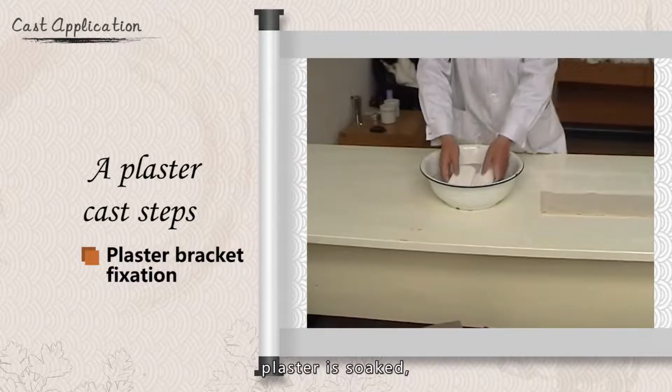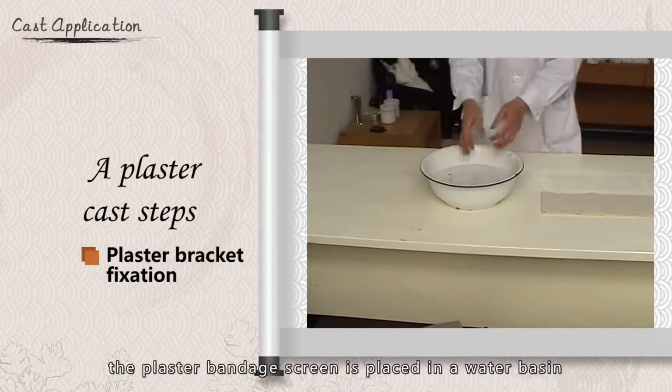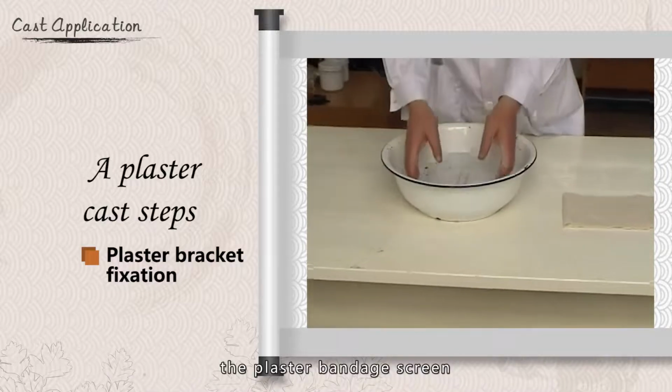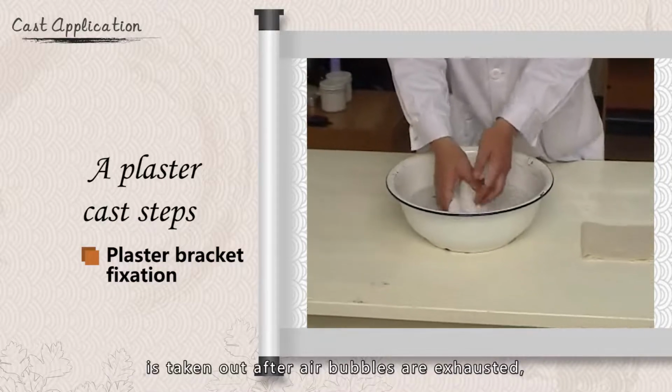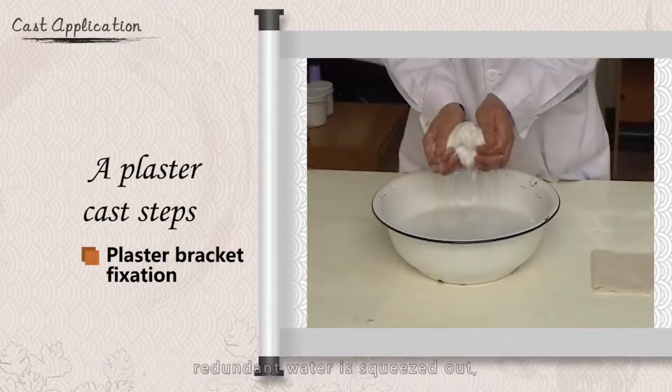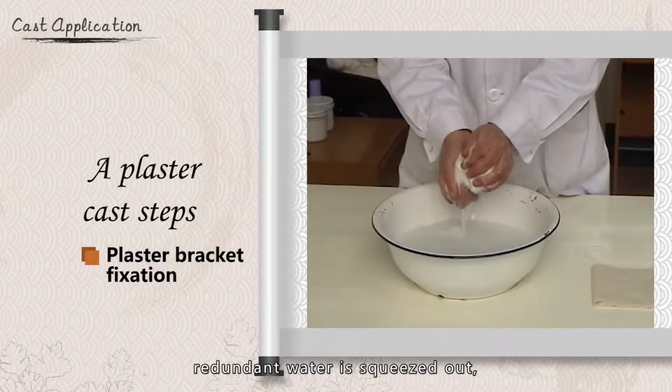The plaster is soaked. The plaster bandage is placed in a water basin. The plaster bandage is taken out after air bubbles are exhausted. The two ends of the gypsum bandage are held. Redundant water is squeezed out.